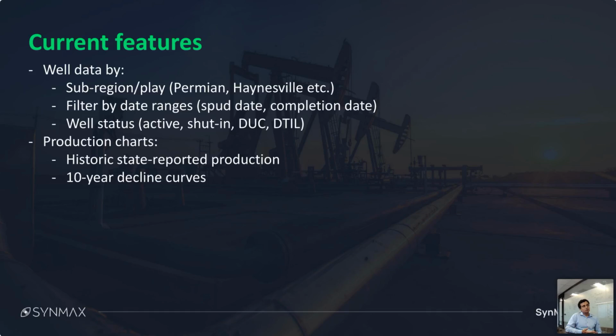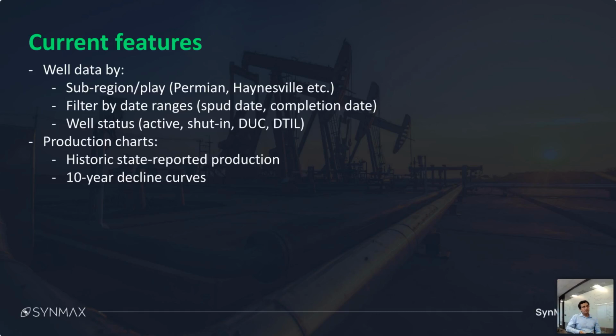And there's also well statuses, like Eric just showed you, but you can also filter it by active, shut-in, DUCs. So there's a variety of ways you can view the well data. And this is true across the lower 48. This is true for all active plays in the lower 48. So there's quite a lot of data that you can filter just on the well level.